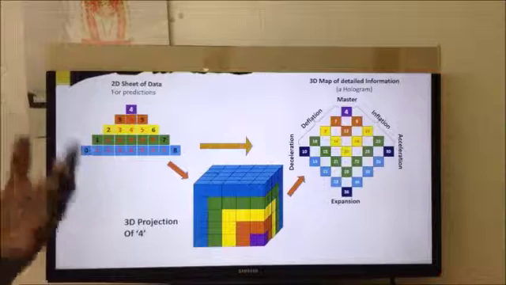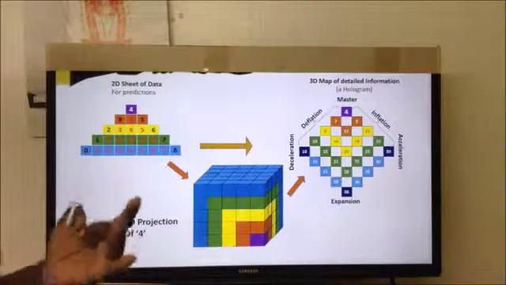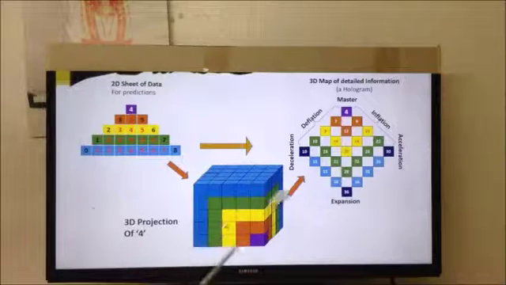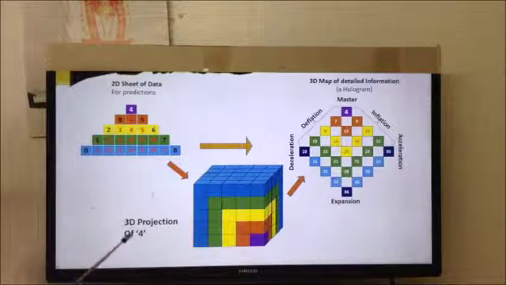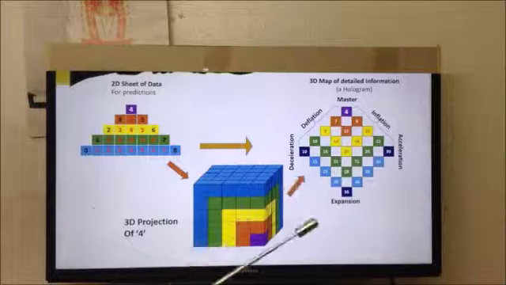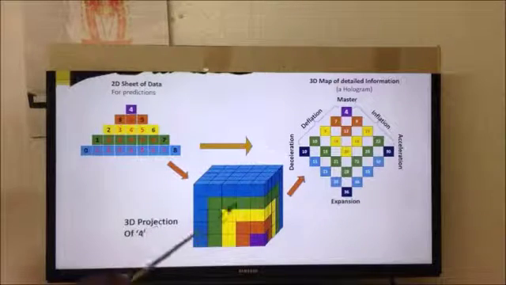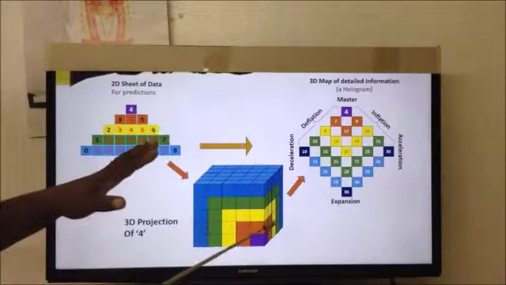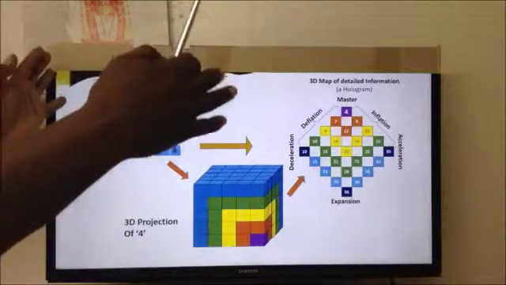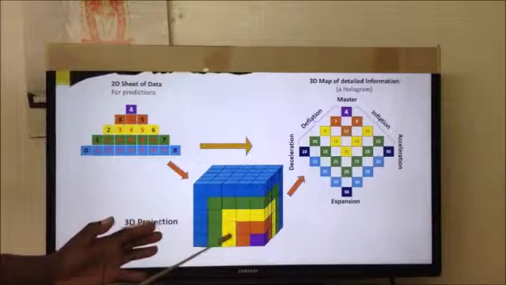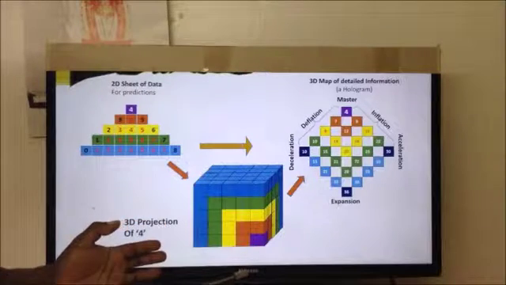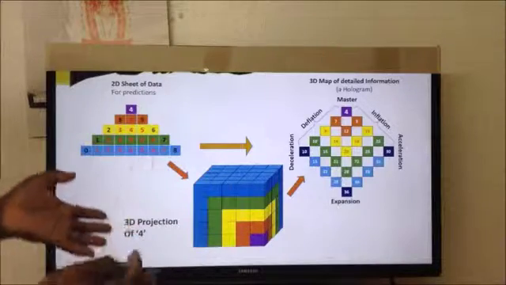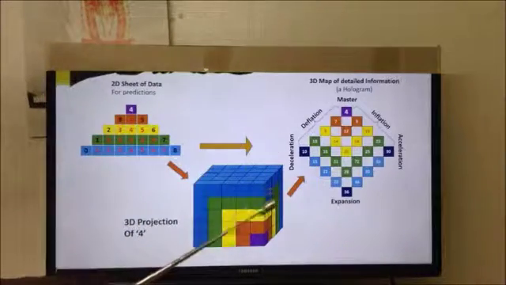Everything has been calculated accurately and can be demonstrated accurately. So when we do the 3D projection of a number, we get a whole structure like this. This is an object, a cube with a lot of small cubes in it.